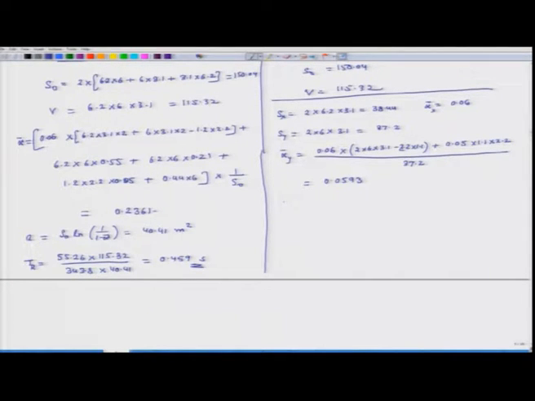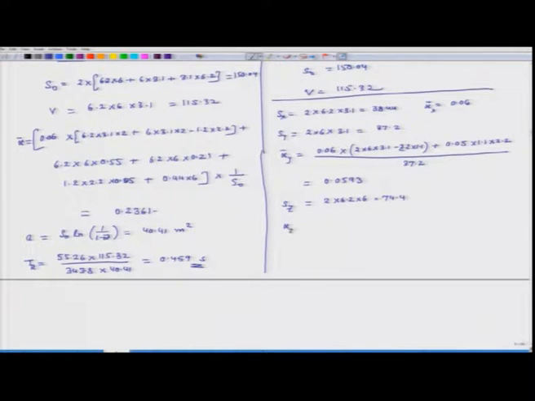Okay. And then Sz is 2 times 6.2 times 6, which is 74.4, and alpha z bar equals 0.38. Actually, we will do that computation because again they are different surfaces.